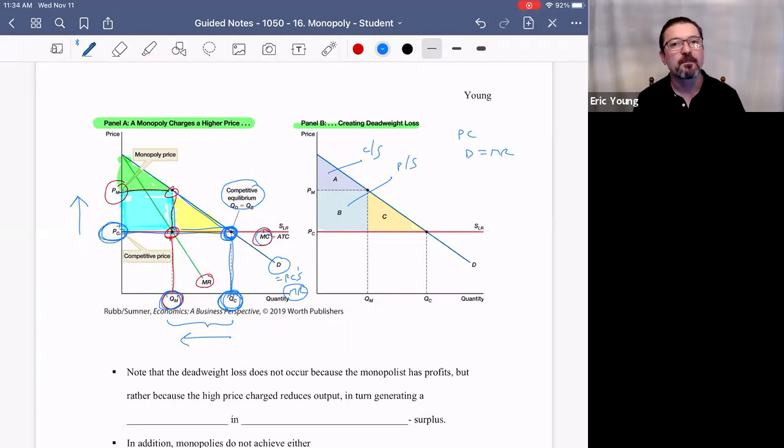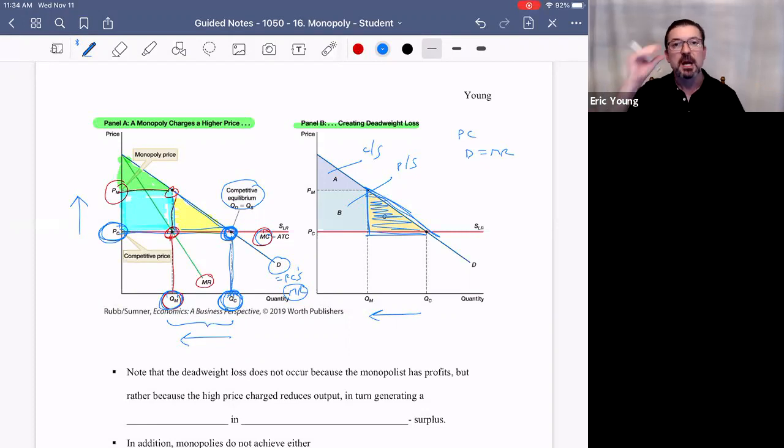Note, by the way, that the presence of profits is not a bad thing. The issue with monopoly is not that the monopolist makes profits, because if you think about it, the monopoly's profits simply become income to somebody else. So that's okay. The issue is that the monopoly underproduces, and that leads us to this big triangle called dead weight loss.